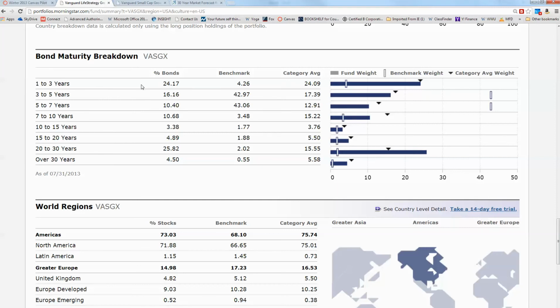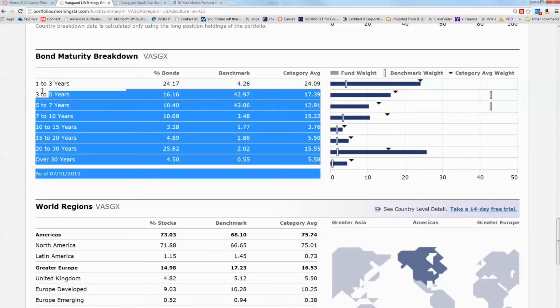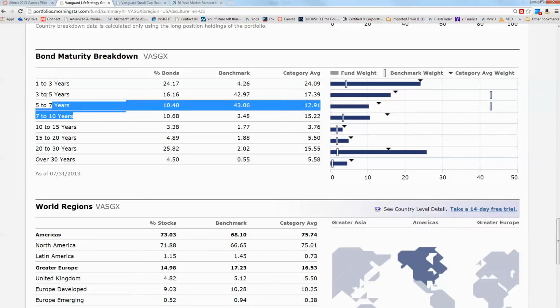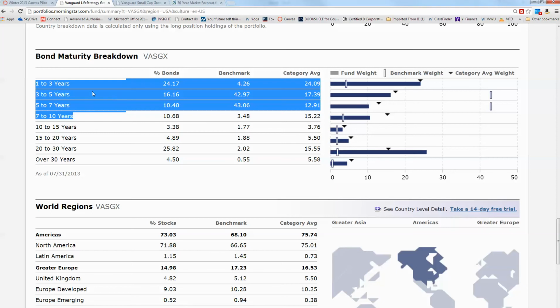Essentially, it's broken down by under 10 years or over 10 years. So I see that these four rows are my 10 years or less ones. So I need to sum these four numbers to get my 10 years or less. And these would be my 10 years or higher.